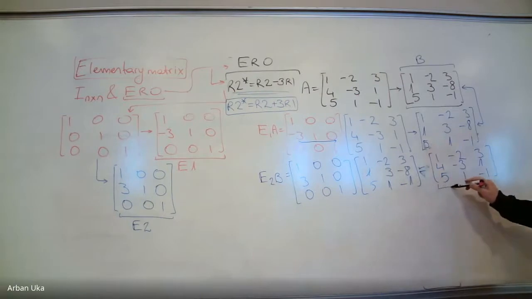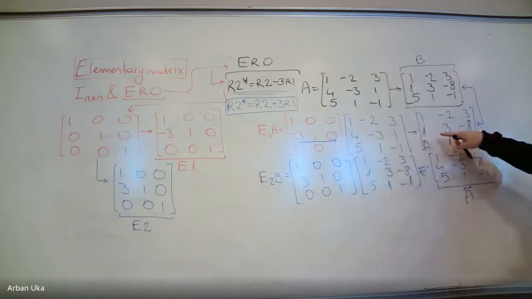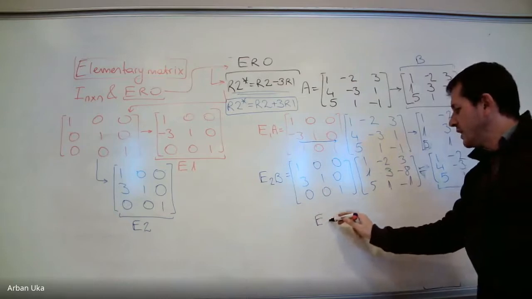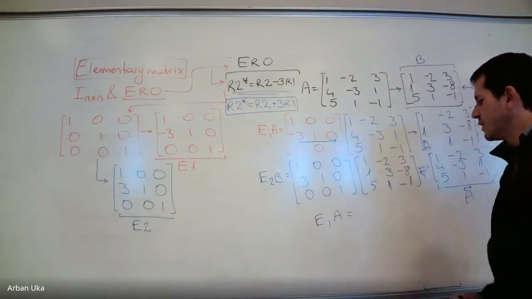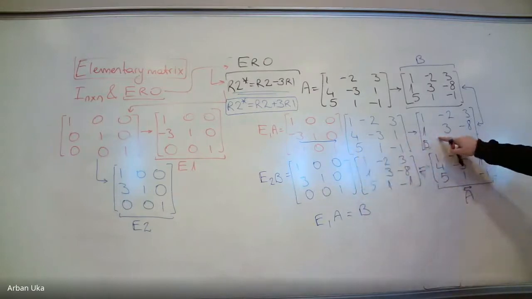So we see that this is matrix A. So what do we have in this row here? In this row, E1 times A was equal to what? We got B, right?